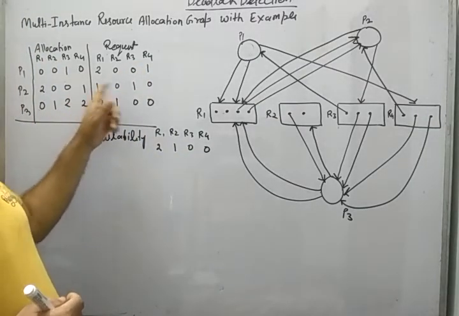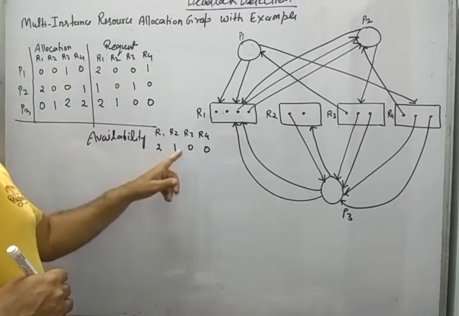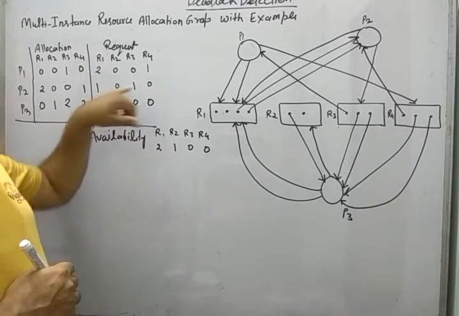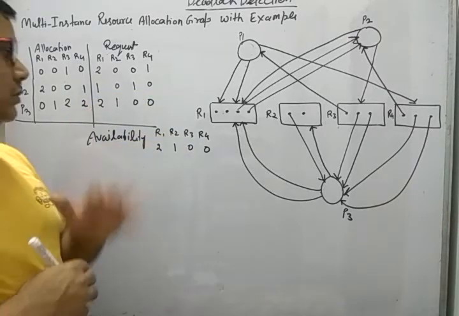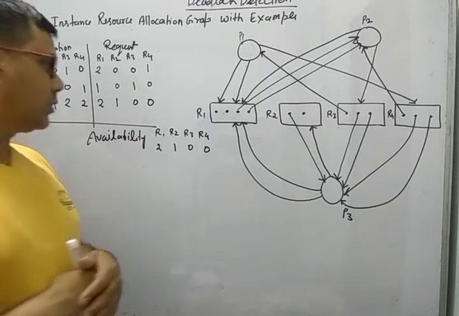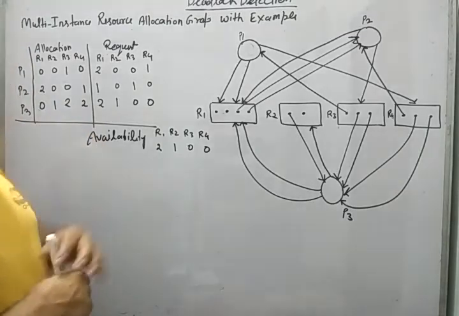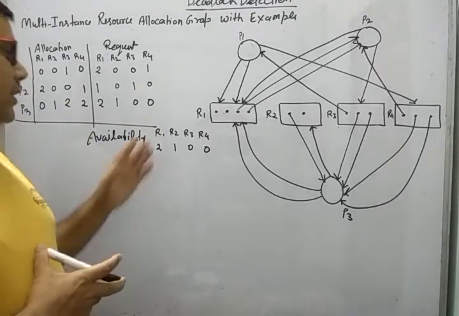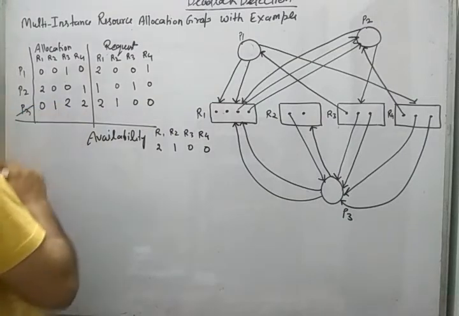P2's request also cannot be fulfilled by the current availability because it requires one resource of R3, but R3 availability is 0. Now P3's request is 2100. This request can be fulfilled by the current availability. That means process P3 will execute and terminate.